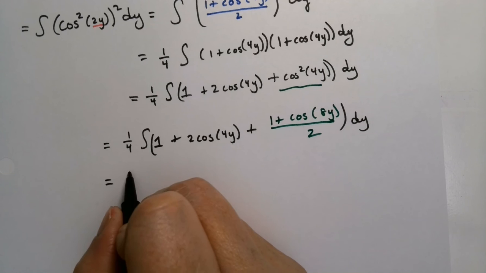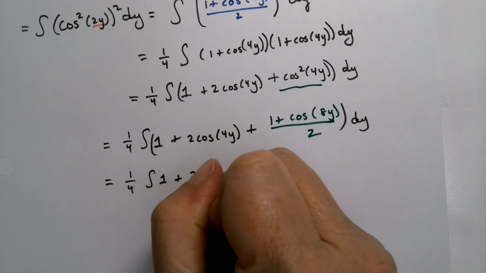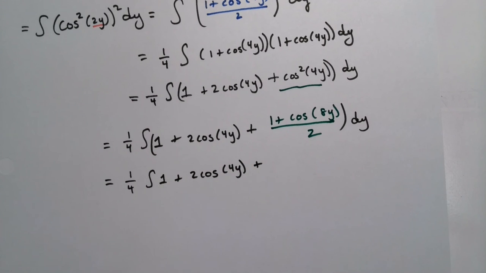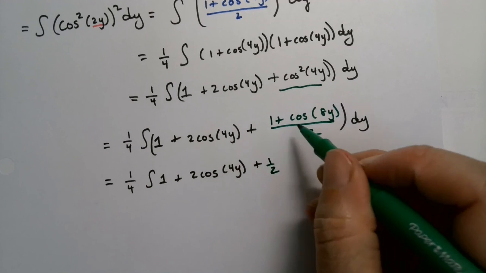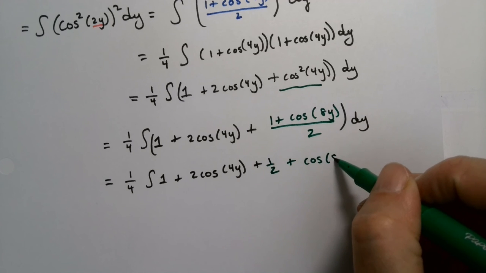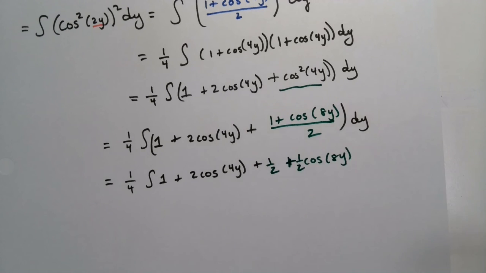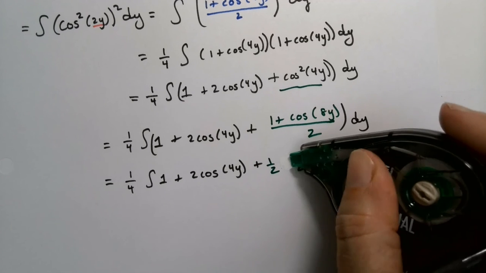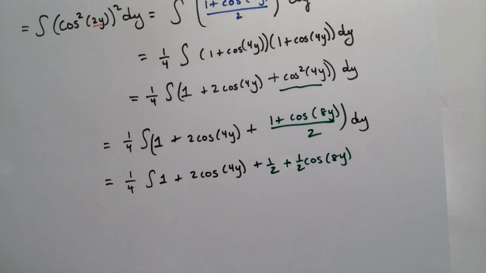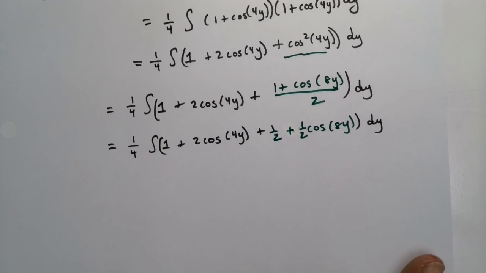So this is 1/4 integral of 1 plus 2 cosine of 4y plus a half, because 1 over 2 is a half, plus the cosine of 8y times a half. It'll just be easier if I put the half out in front rather than writing it all over 2. All of that is the integrand.